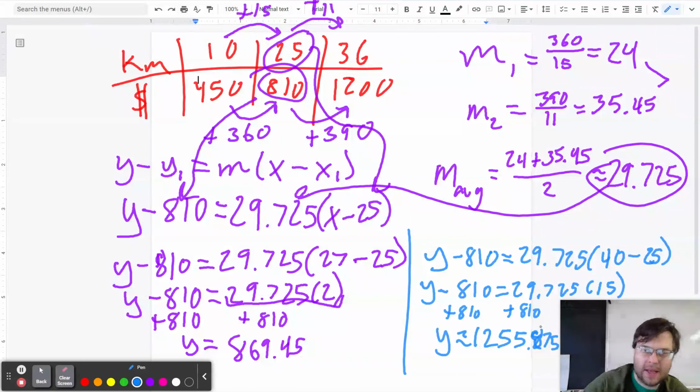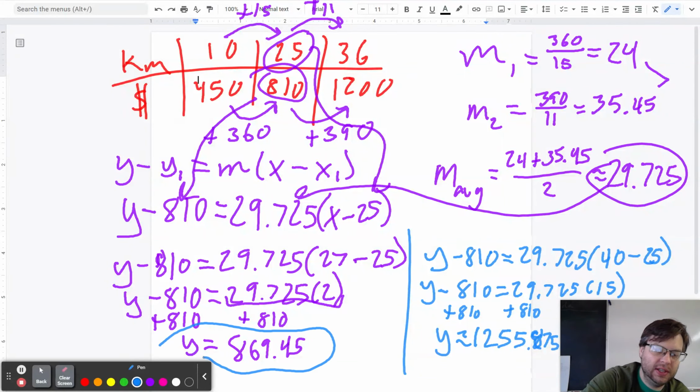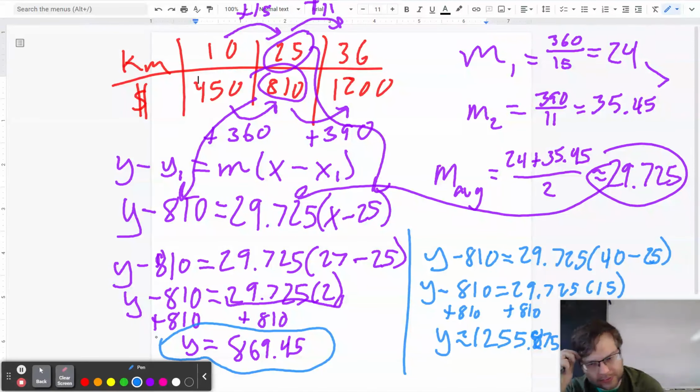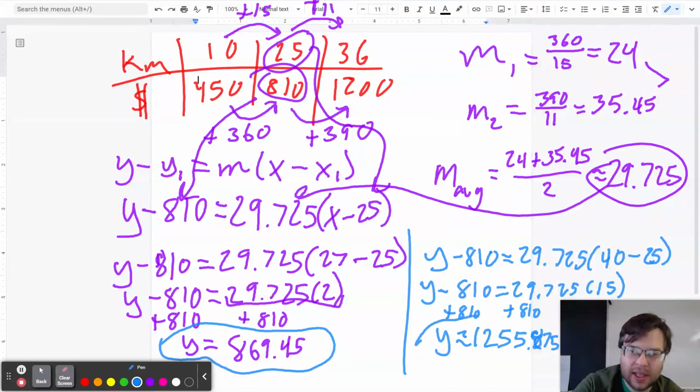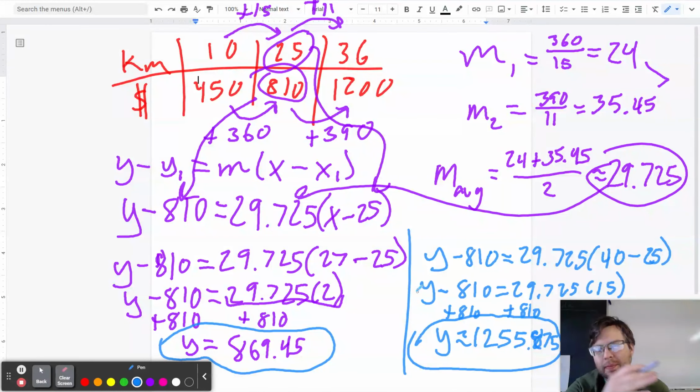Now, one of these is a better estimate than the other. This one right here on the left is a pretty decent estimate because it's 59 bucks more than a 25-kilometer one. That seems reasonable to me. The one I wrote in blue does not seem reasonable because it's only 55 bucks more than my 36 kilometers, but I'm 4 kilometers past the data instead of 2 kilometers past the data.